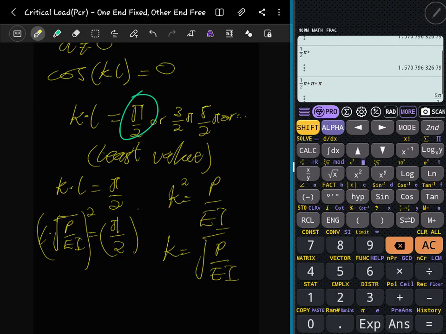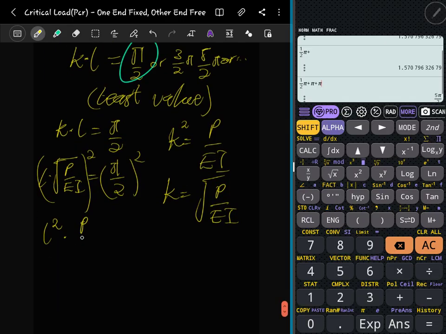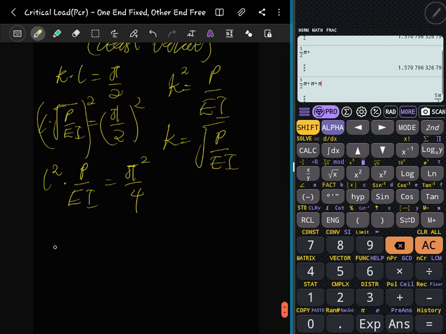That gives us L squared times P on EI being equal to pi squared on 4, and that gives us P being equal to pi squared on 4, then we have our EI here, and the L squared comes here.